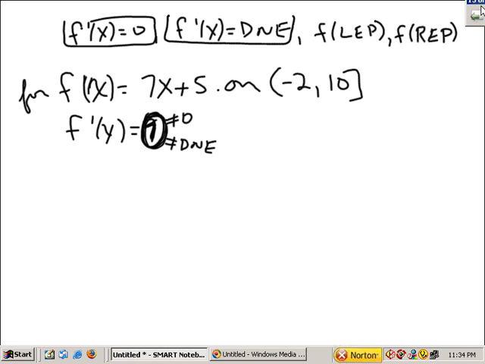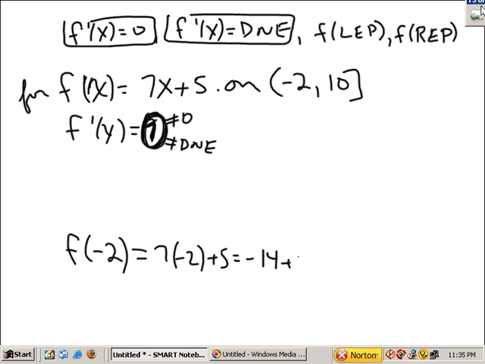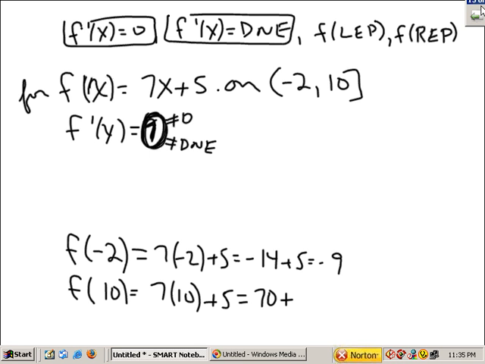We didn't come up with any x values for the second case, but the last two you always do. f of -2 is 7 times -2 plus 5, which is -14 plus 5, which is -9. And f of the other endpoint, f of 10, is 7 times 10, which is 70, plus 5. And 70 plus 5 is 75.